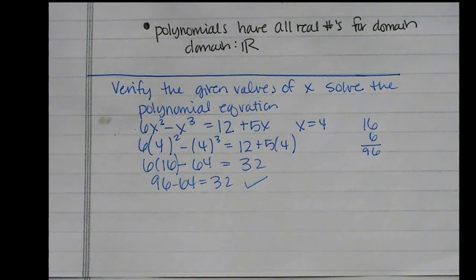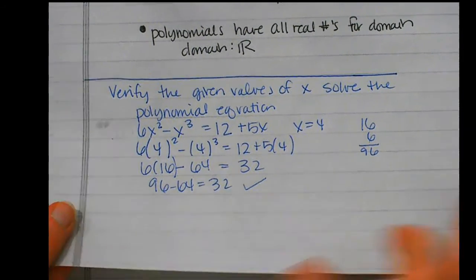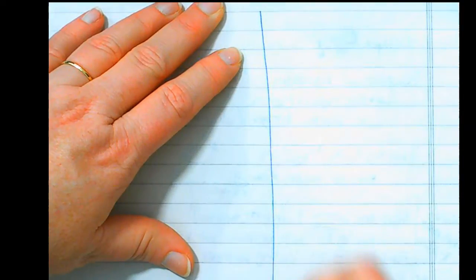Then we have where I told you we were going to review all of the different degrees. And so we're going to make a chart. It's going to have 4 sections, like so.